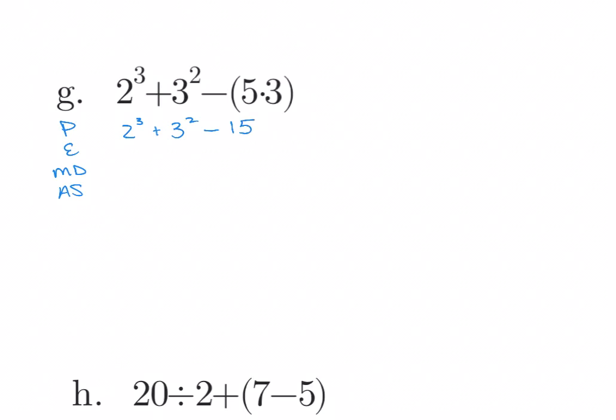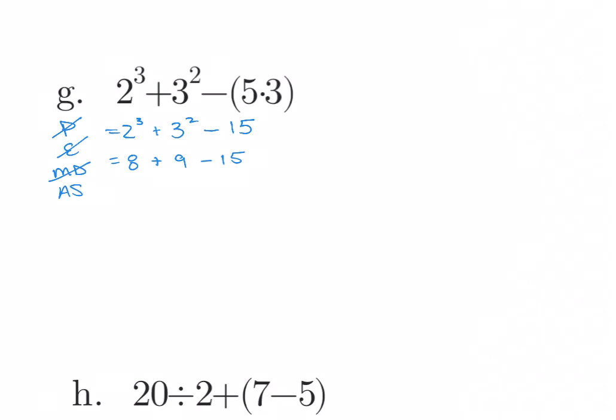That becomes 15. All right, we do have exponents on this problem. 2 cubed. We looked at this earlier. 2 times 2 is 4, times 2 is 8. 3 squared, 3 times 3 is 9. And we'll bring down our minus 15.